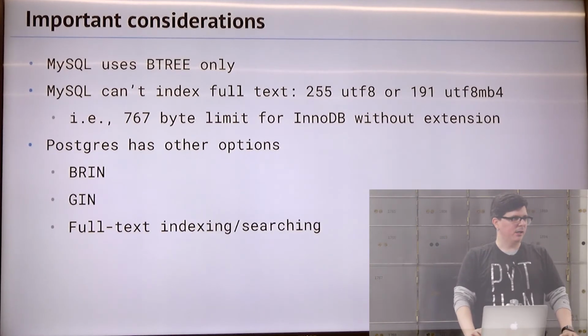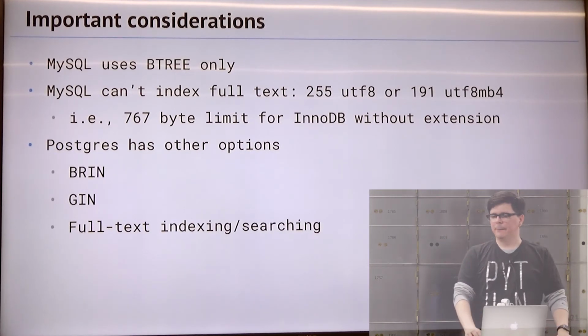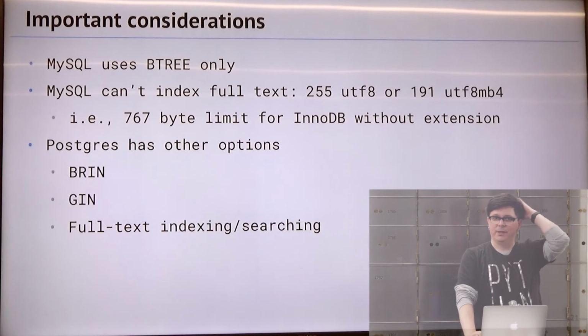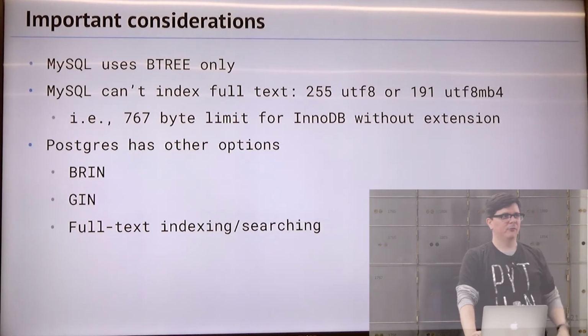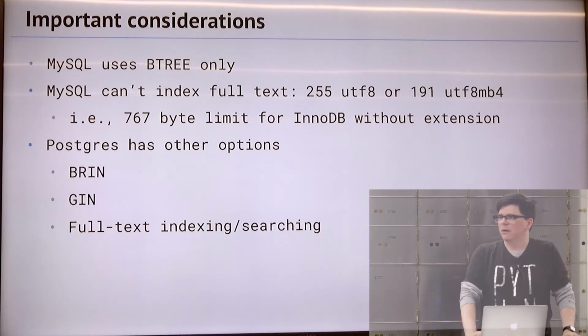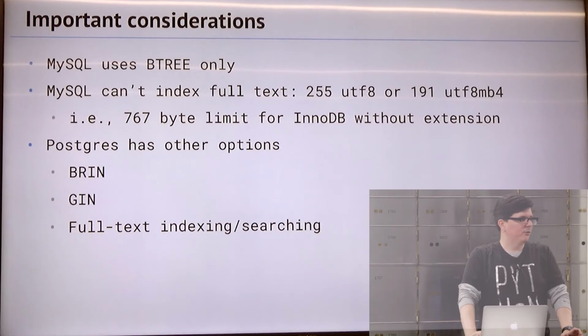If you're indexing columns that have text in them, the most common MySQL engine, InnoDB, has a byte limit of 767 bytes in the index, so you can't do a full text index. Practically speaking, if you have UTF-8 columns, which in MySQL means characters that only use 3 bytes, you can have a 255 character limit.